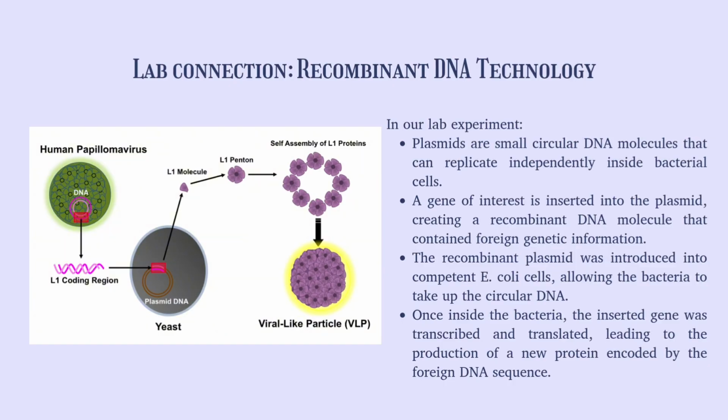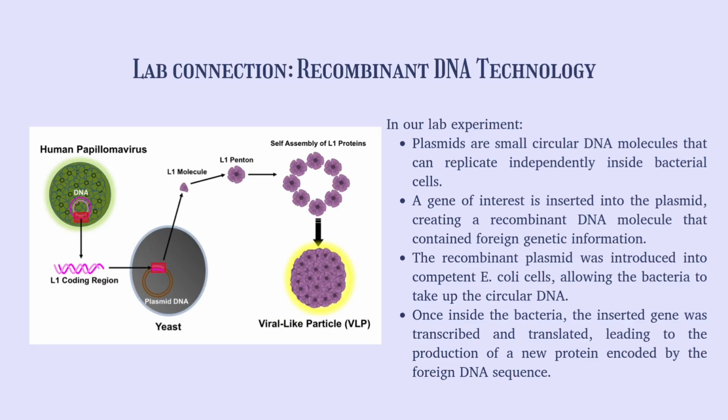The HPV vaccine uses the exact same molecular principle. Instead of inserting a reporter gene, scientists isolate the gene encoding the L1 capsid protein. This gene is inserted into a plasmid vector and introduced into a host expression system, usually yeast.